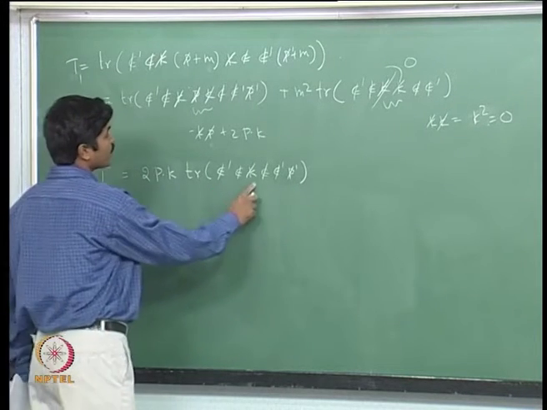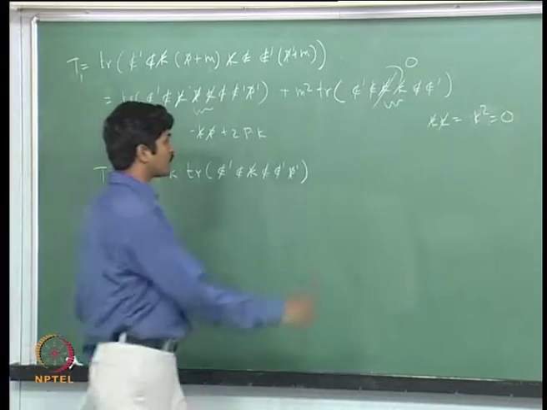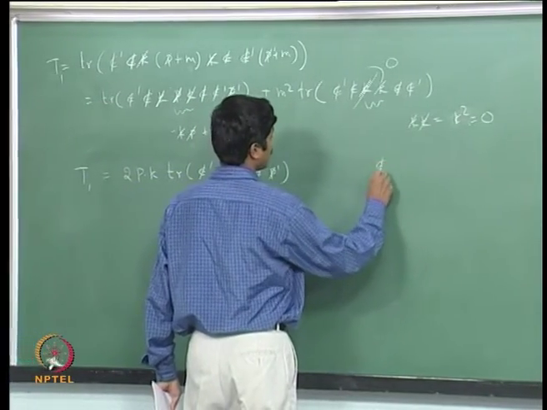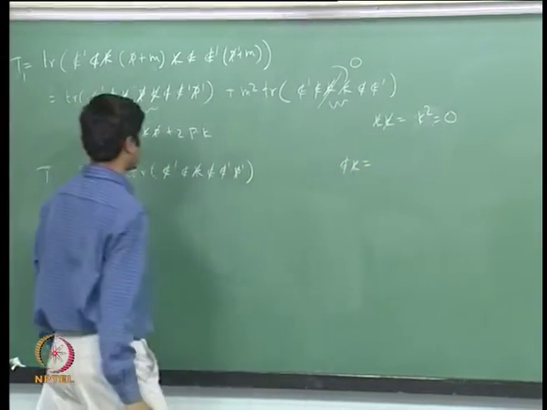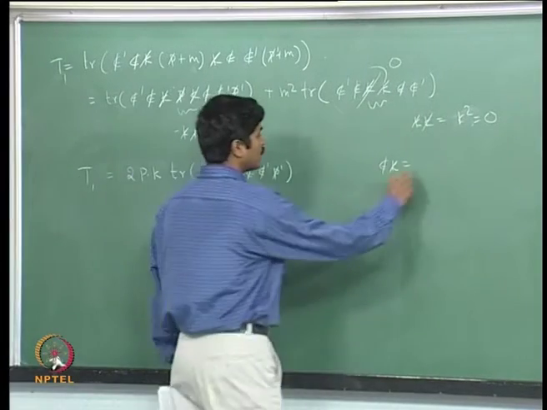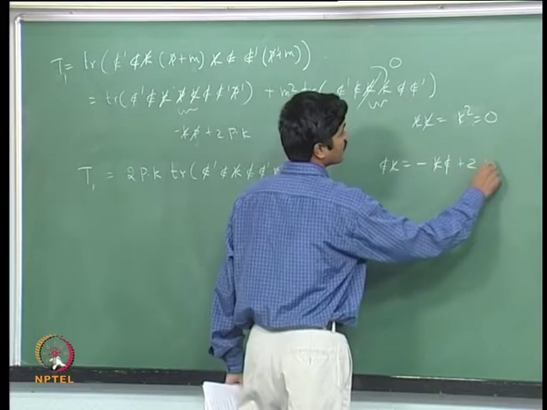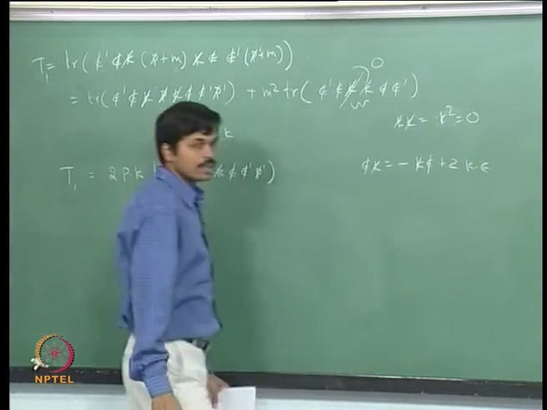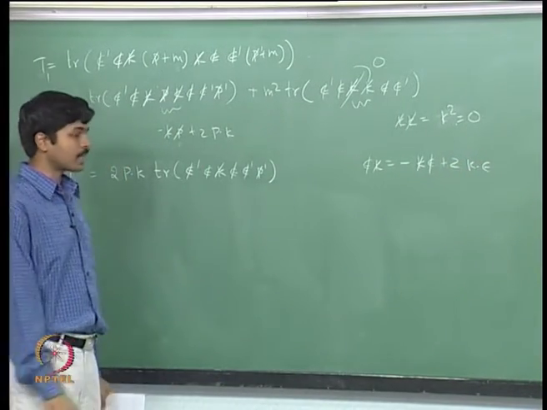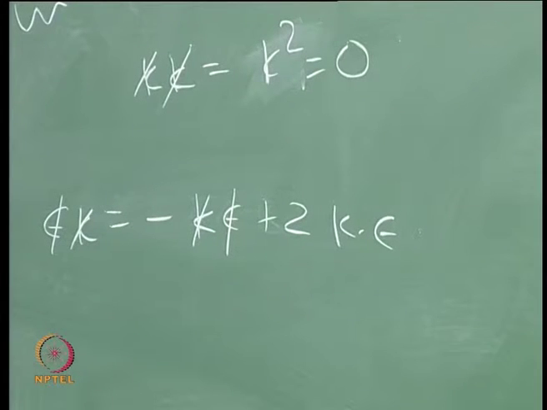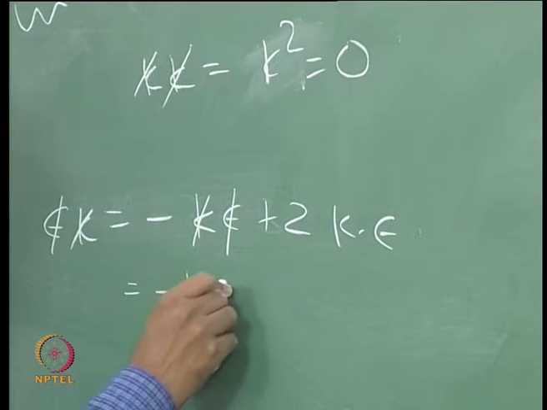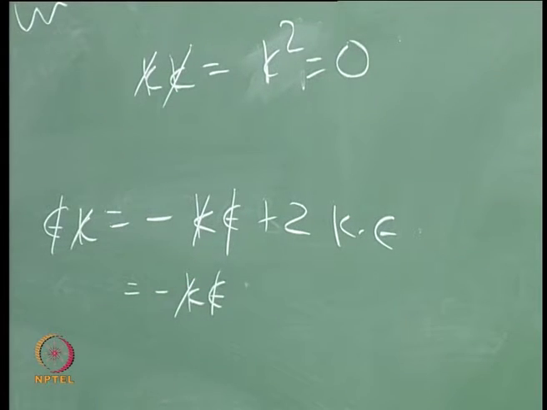Now, we will use the fact that epsilon slash k slash is minus k slash epsilon slash plus twice k dot epsilon, but epsilon represents the transverse polarization for the photon, therefore, k dot epsilon is 0. So, this is minus k slash epsilon slash.